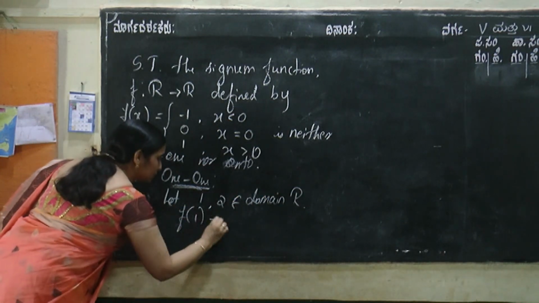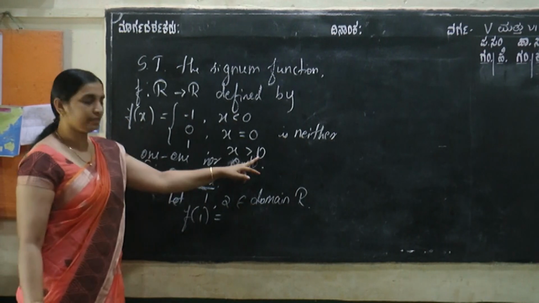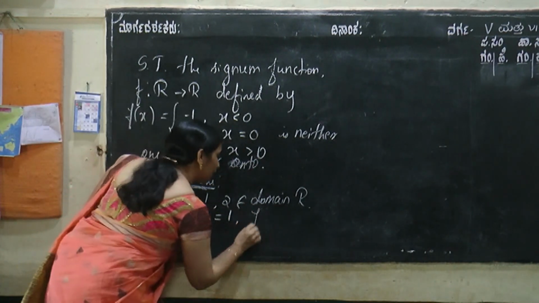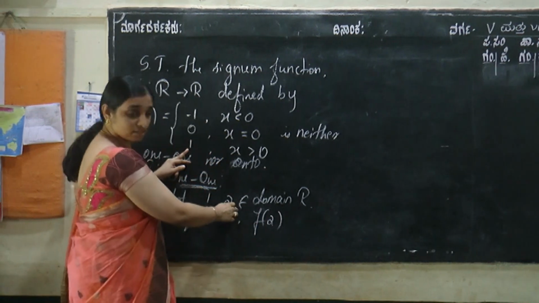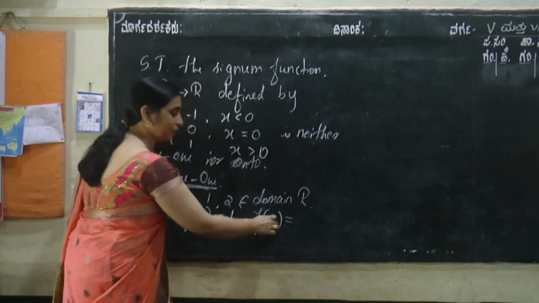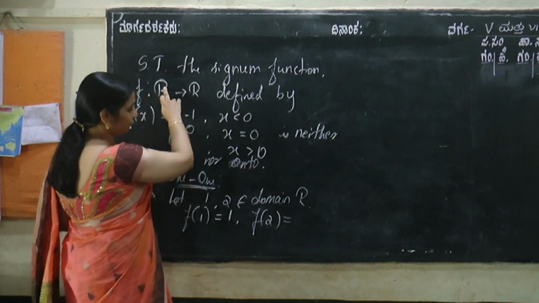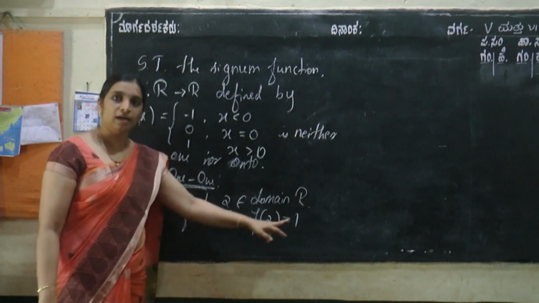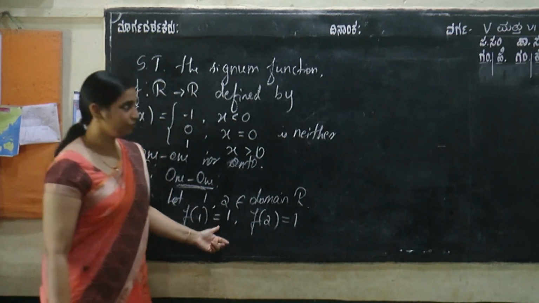Let 1 and 2 belong to the domain R. f of 1: 1 is greater than 0, so according to the definition, its image is equal to 1. And 2 is also greater than 0, so f of 2, the image of the element 2 under the given signum function, is equal to 1. Both 1 and 2 have the same image 1.